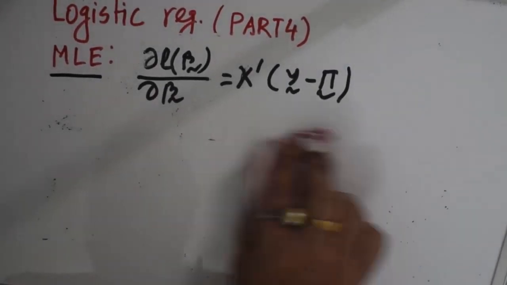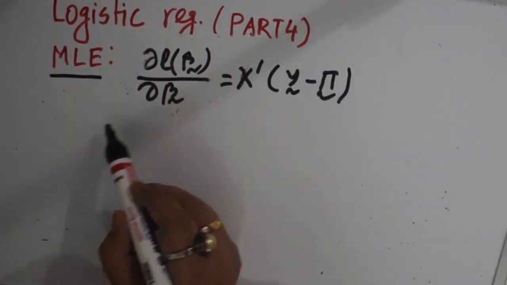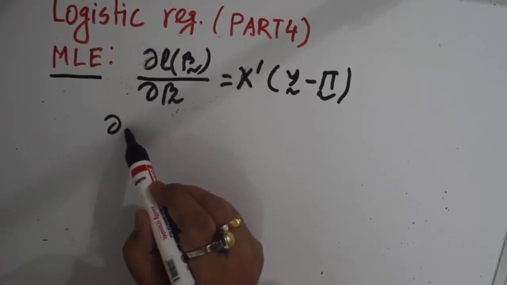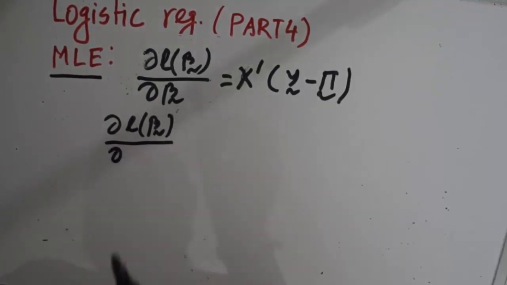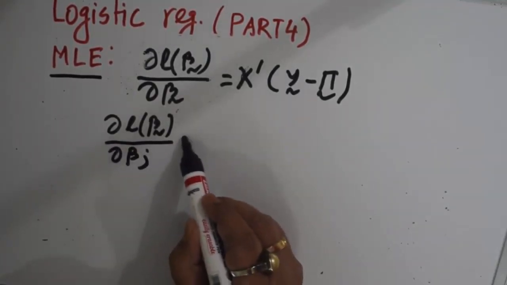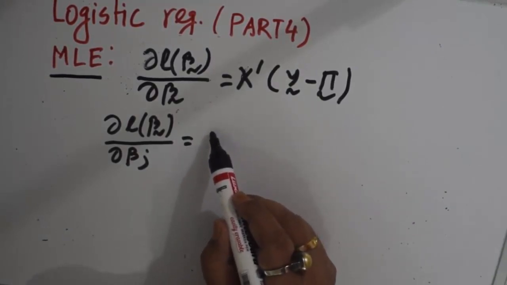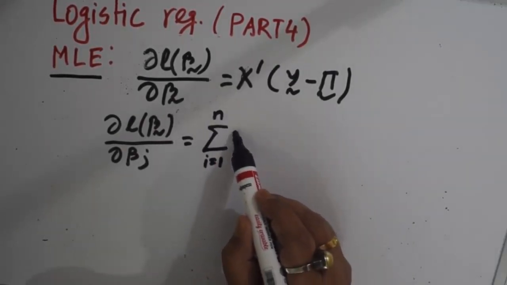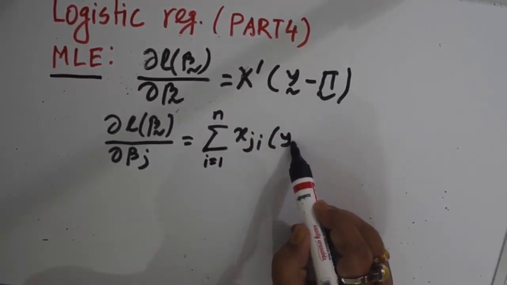Then I already got this expression: the partial derivative of l of beta curl with respect to beta j is equal to the sum over i from 1 to n of xji times yi minus pi i.